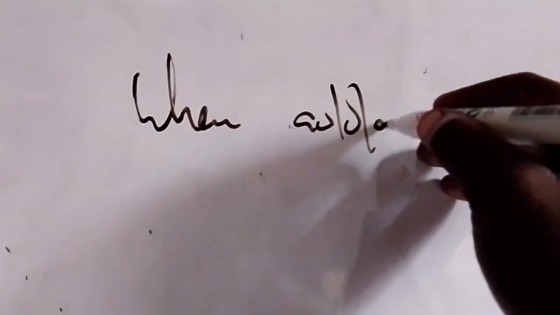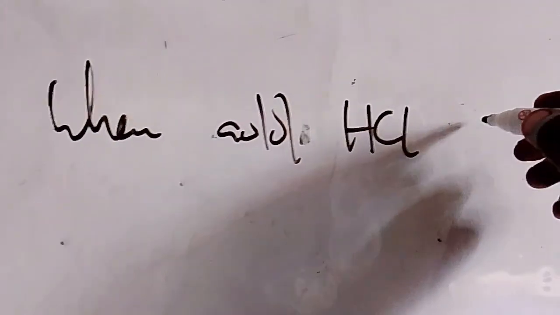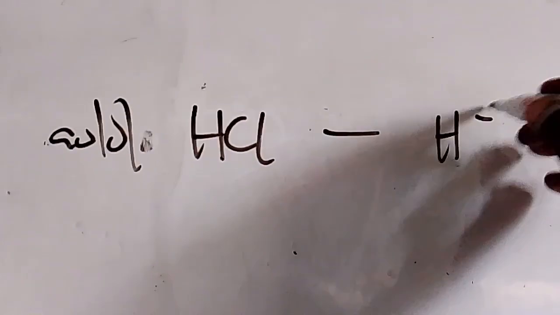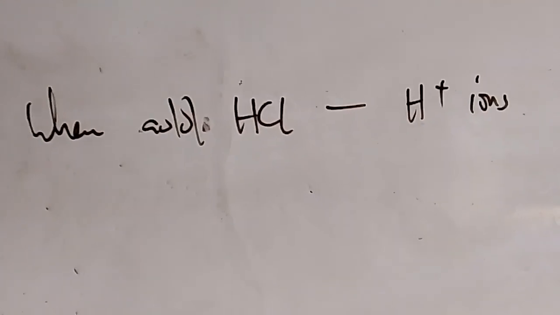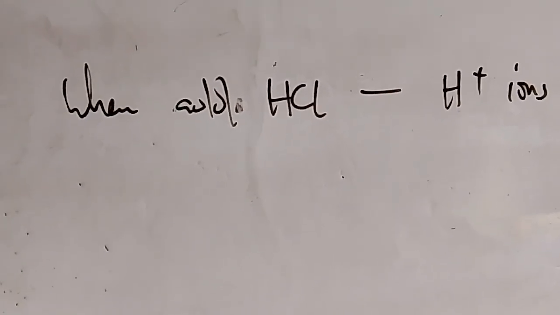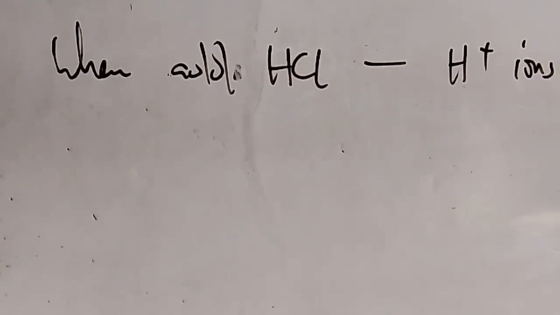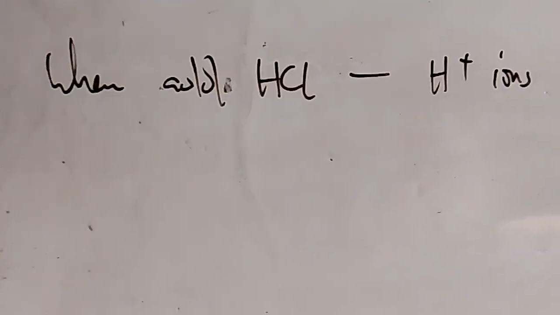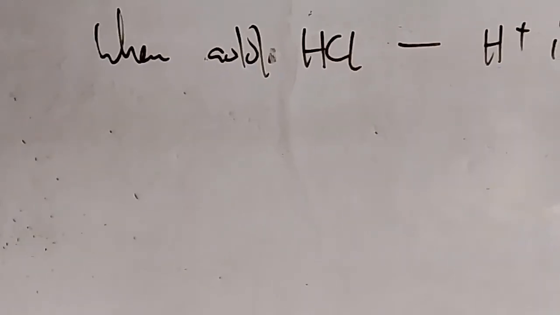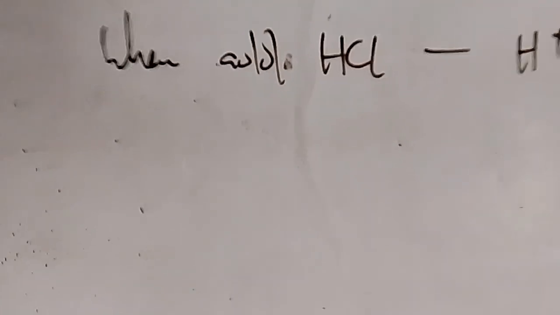Okay, so now when we add HCl, it means we are introducing hydrogen ions into the system. Remember, acetic acid is a weak acid, and these hydrogen ions have high affinity for the conjugate base.